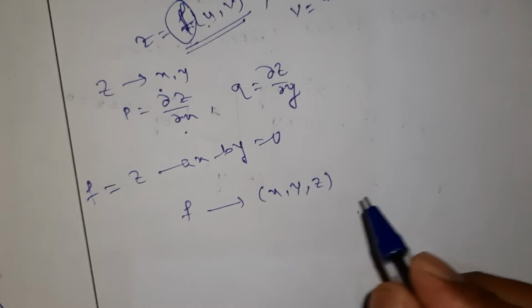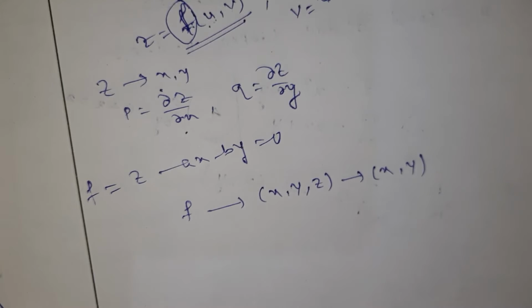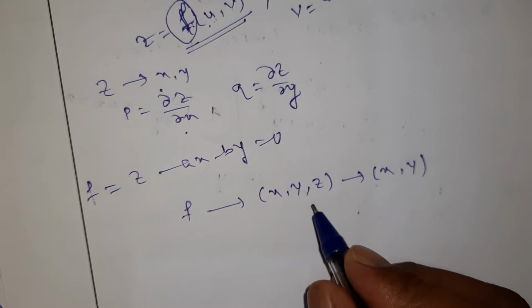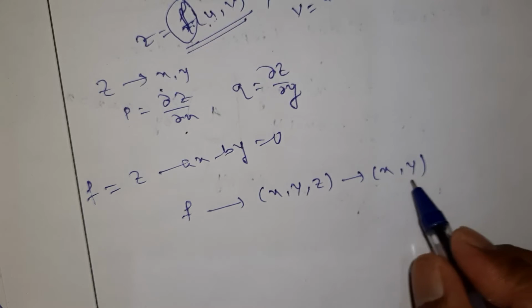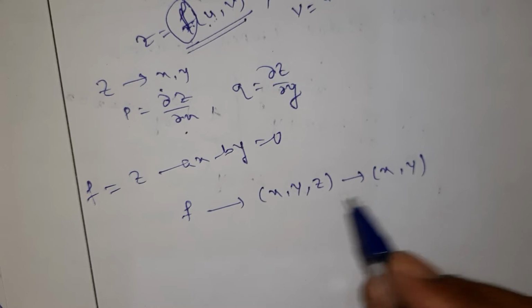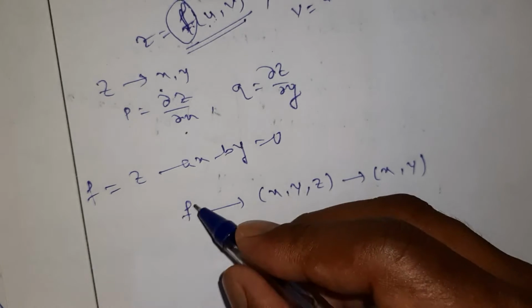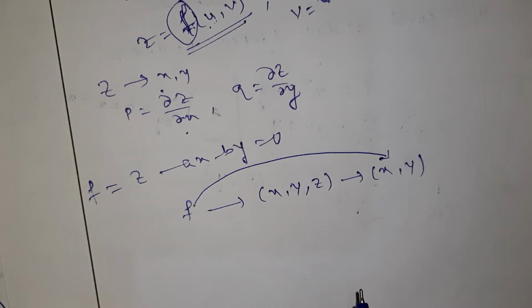What about this z? z is a function of x and y. Are you getting what I have written? f is a function of x, y, z, which contains a and b, no problem, and this z is a function of x and y, which means finally I get only x and y, because z is also a function of x and y. So can I say that f is a composite function of x and y?